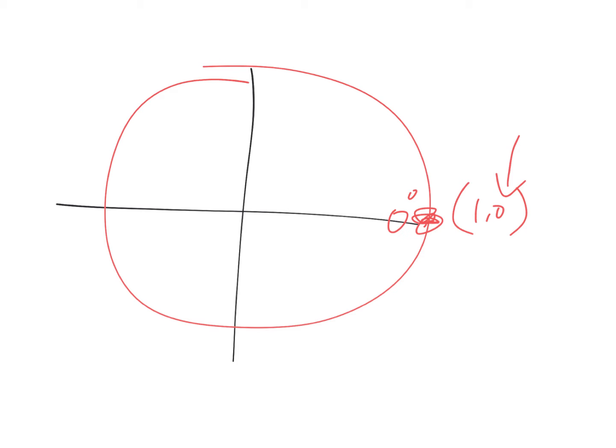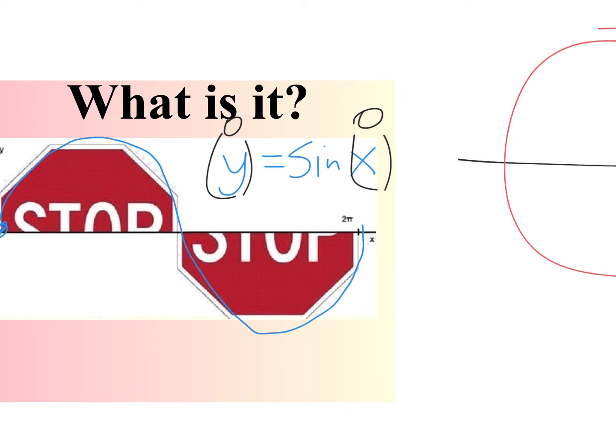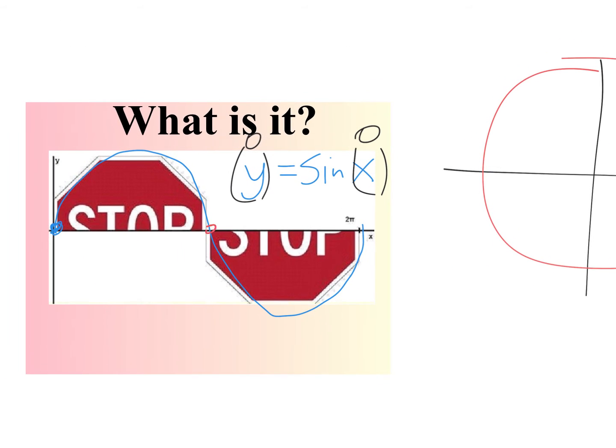Okay, so what's another spot? Well, this spot. Sine hits 0 again right there. So if sine is 0 also in the middle of the stop sign thing there, how do I know where that is? That says it's at 2 pi. In case you haven't caught this yet, they're numbering this way: 0, pi, 2 pi.